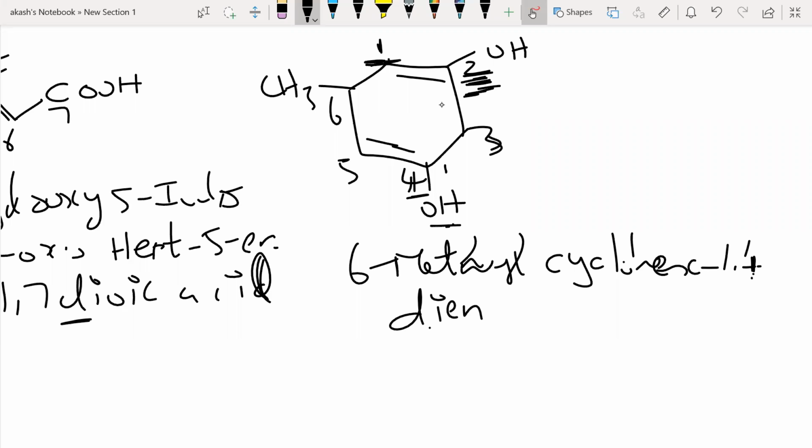Then comes your alcohols, that is in 2 and 4, so 2,4-diol. So this will be the name of this compound: 6-methylcyclohexa-1,4-diene-2,4-diol. In the first and 4th positions you have a double bond, and in the 2nd and 4th positions you have alcohol.